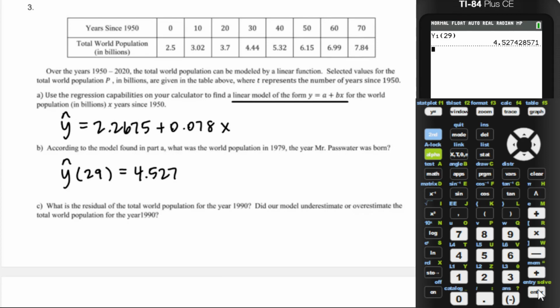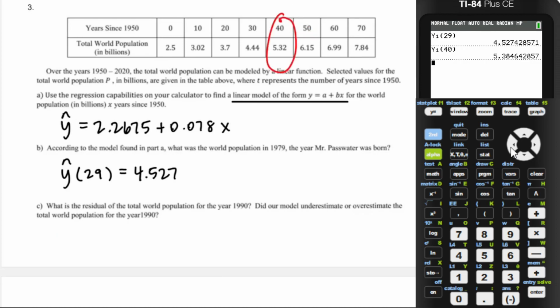And what is the residual of the total world population for the year 1990? That would be 40 years after 1950. So I'm going to do the same thing. I might actually just call for the same command and then scroll back over there and write over that with years after 1950, 40. Right, and then I get 5 point, okay, so actual value at t equals 40.